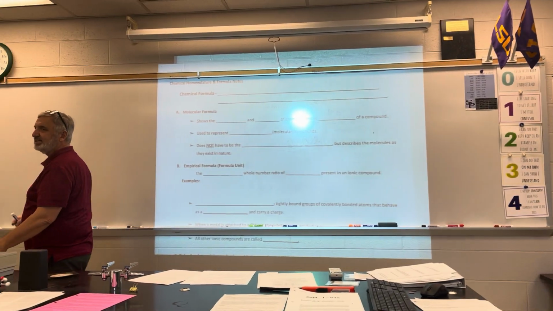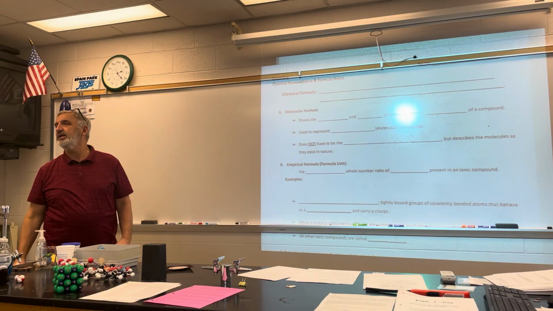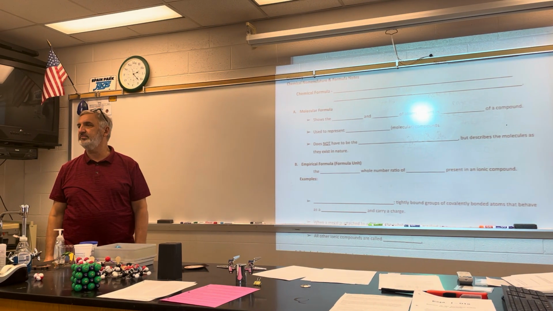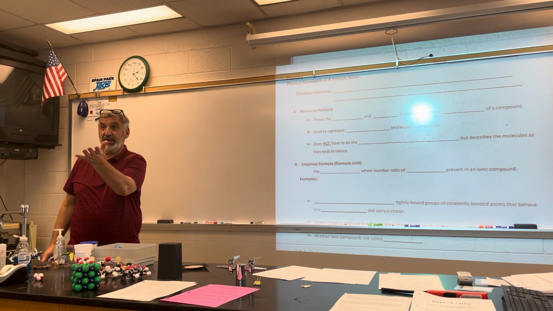So if I say C6H12O6, what is that telling me? Has carbon and hydrogen and oxygen. So it's telling me the type of atoms or elements that are involved. What else is it telling me? How many?